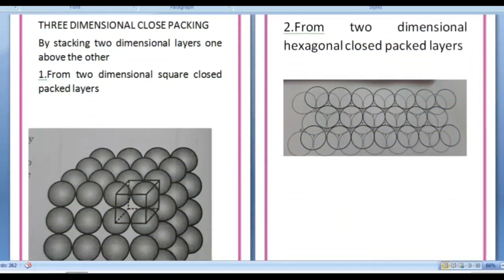When you look at the 3-dimensional close packing, you get it by stacking 2-dimensional layers one above the other. Now this can be done in 2 ways. First is from 2-dimensional square close packed layers. You put those layers one above the other as shown in the figure, and you get a cubic structure like this.